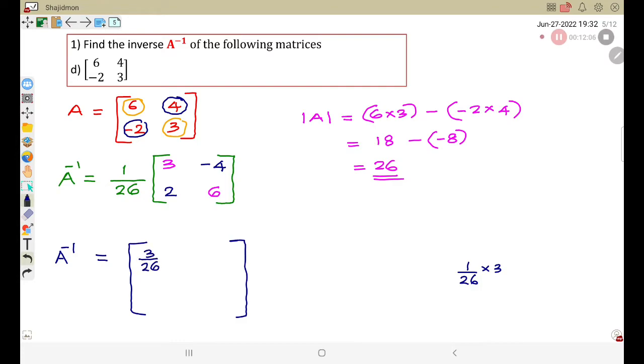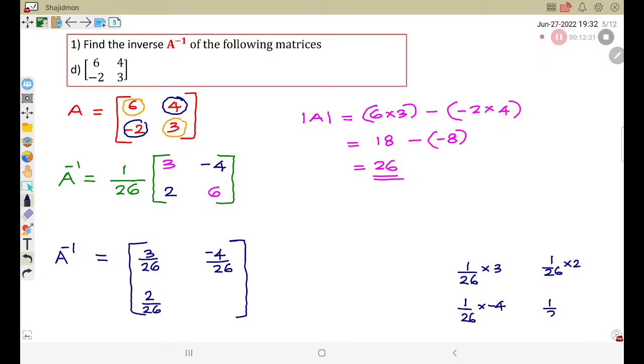We can write 3 over 26. Now 1 over 26 multiply minus 4. So 1 multiply minus 4 divided by 26. Now 1 over 26 multiply 2. So 2 over 26, or we can write it simplified as 1 over 13, or you can keep it the same.